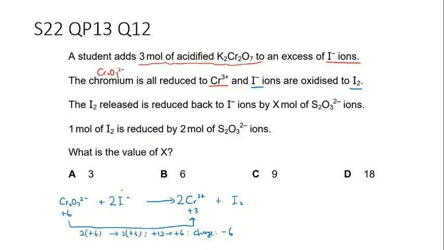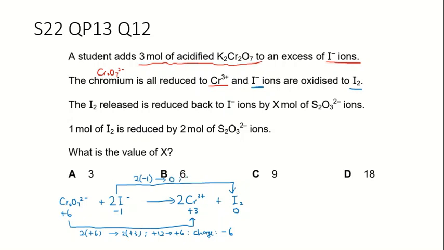So in this reduction, oxidation number changed from plus 12 to plus 6, that is reduced by 6. Now let's look at oxidation from iodide to iodine. In iodide, oxidation number of iodine is minus 1. In iodine, oxidation number of iodine is 0. So again, the change will be from minus 1 multiplied by 2, because we have 2 iodide forming 2 iodine, becomes 0.